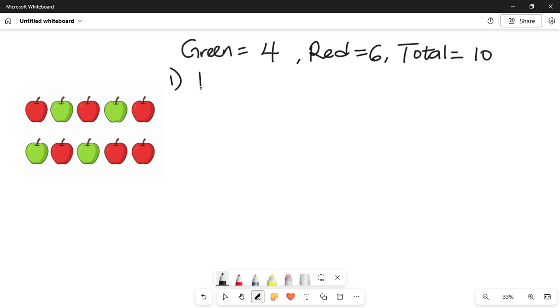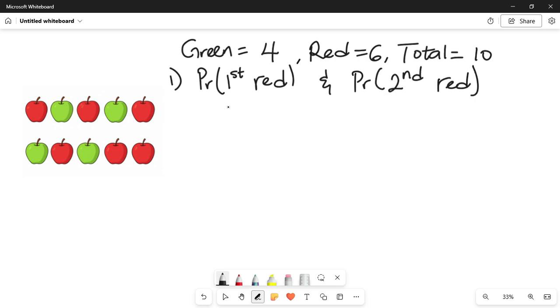So the probability that both are red, that means the probability that the first pick, that is when we pick first, we are picking red. So first is red, and the probability that the second pick is also red. So the probability that the first is red, that's 6, because we have 6 red apples.